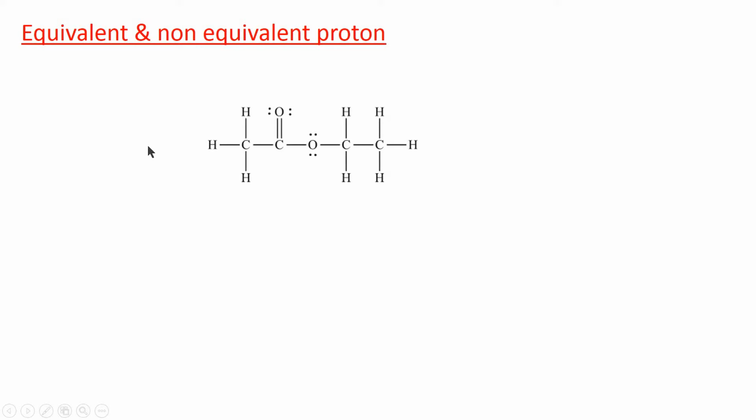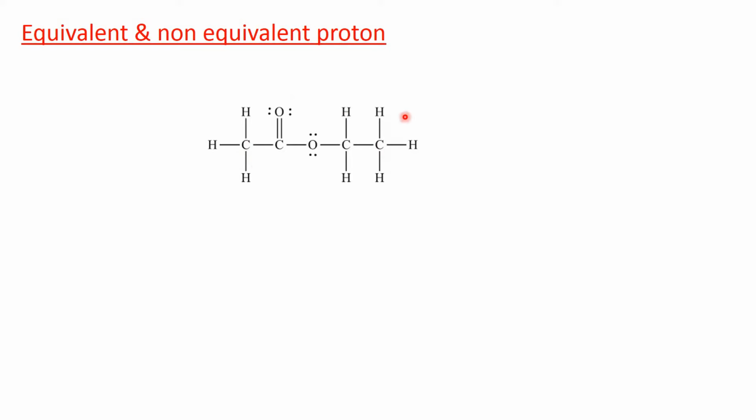Now see, in this molecule, these three protons attached to this carbon atom are in one electronic environment. Similarly, these two protons, which are attached to this carbon atom, and this carbon atom is attached to this oxygen atom, are in one same electronic environment, which is different from this proton's electronic environment.